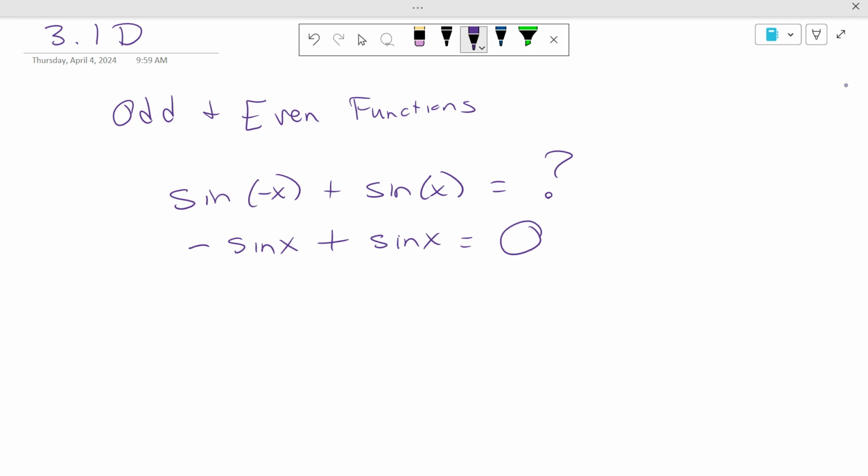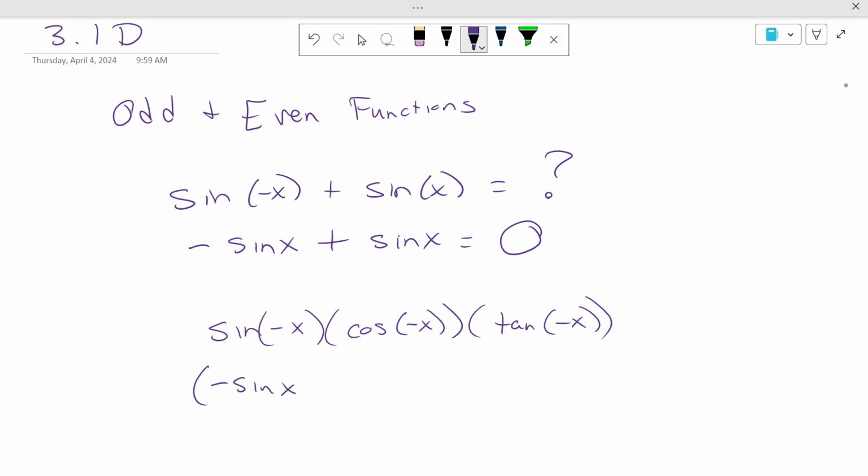Let's say we took the sine of negative x times the cosine of negative x times the tangent of negative x. What do we get if we multiply all three of those together? Well, what's the sine of negative x equal to?